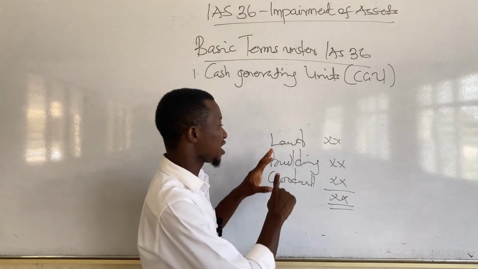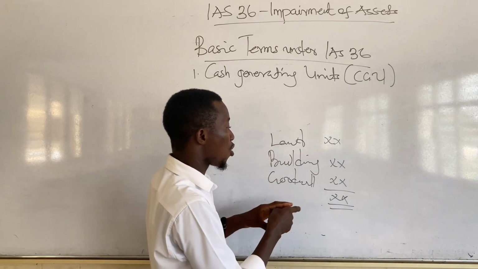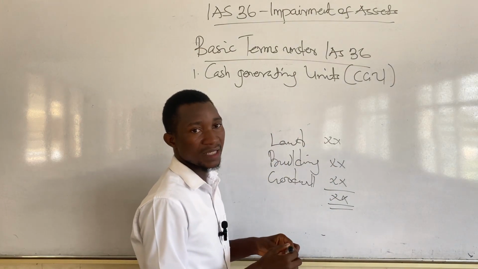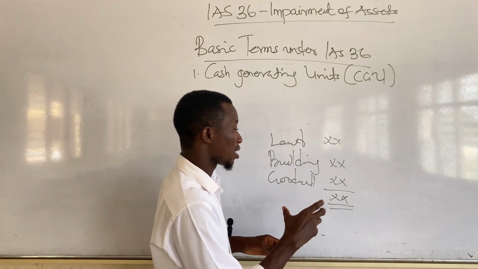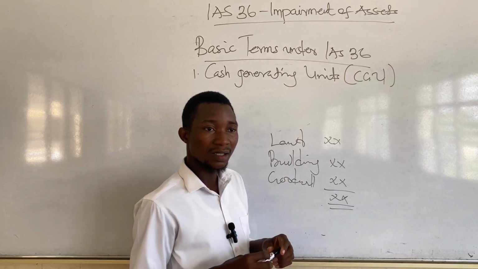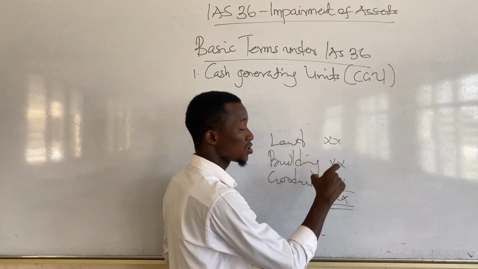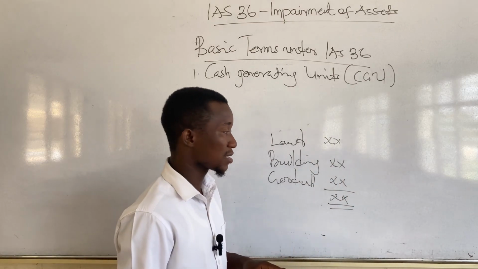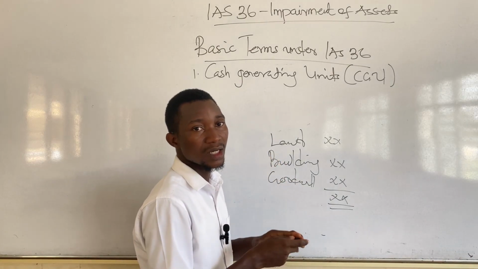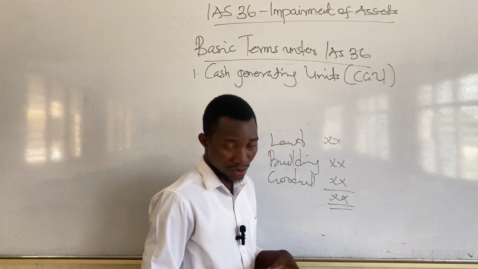Okay, so when we test for an impairment for this overall cash generating unit, we can't just take out the total impairment we've tested for from the total. We have to allocate it to each individual asset, and we have criteria for doing that. So we will look at that also. Is that okay?